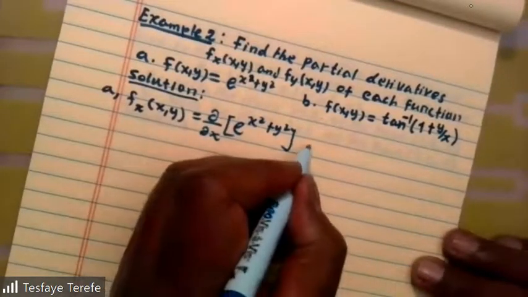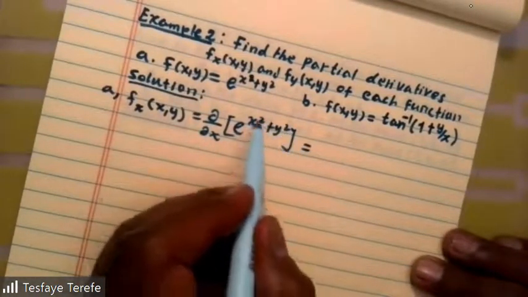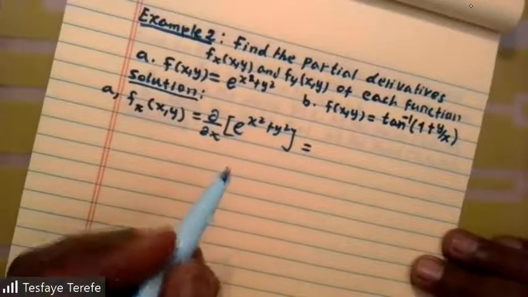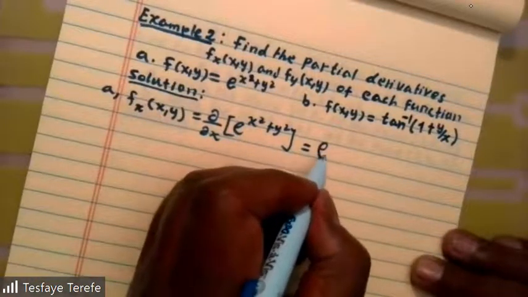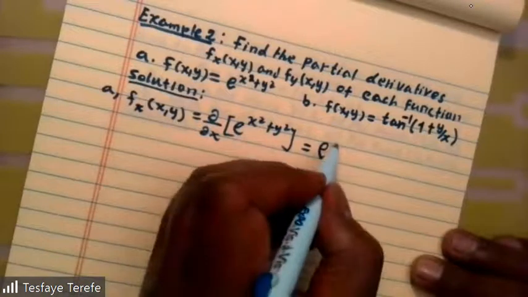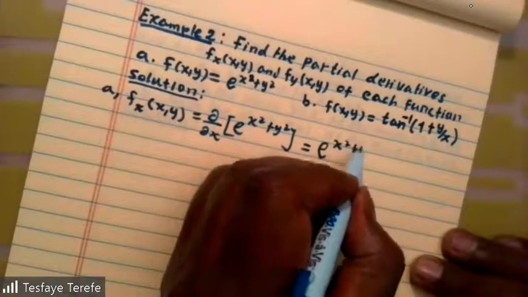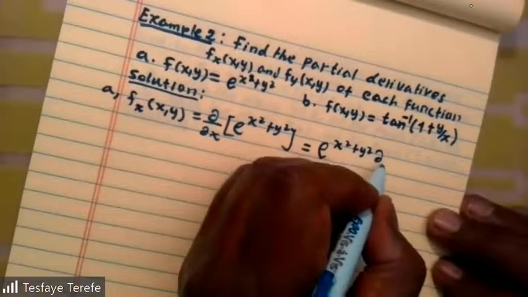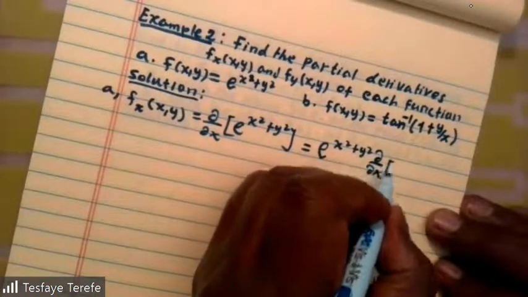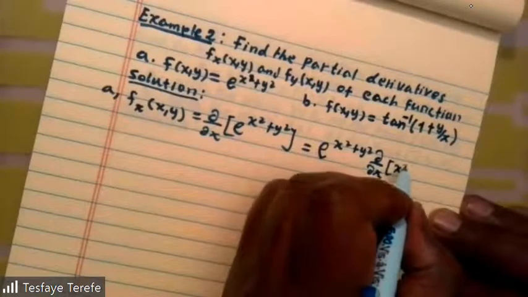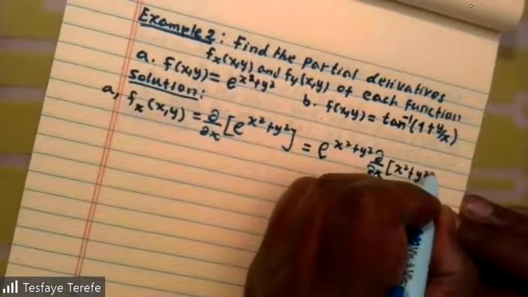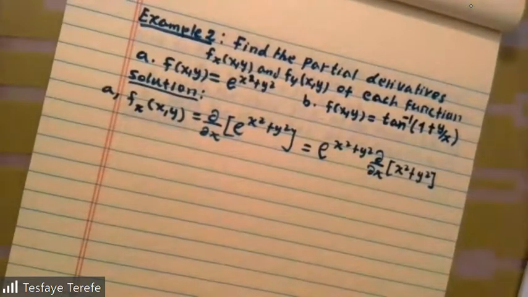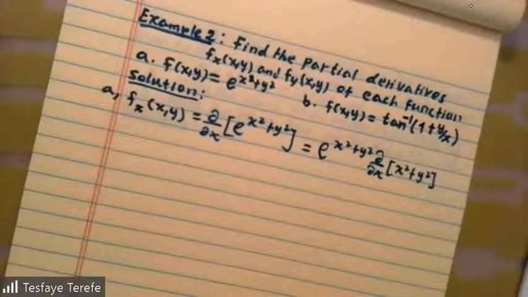As you know, if we are assuming this one as u, it is going to be e raised to u, that means e to the x squared plus y squared, times the derivative of the exponential function, because of chain rule. That is what we have to really focus on.